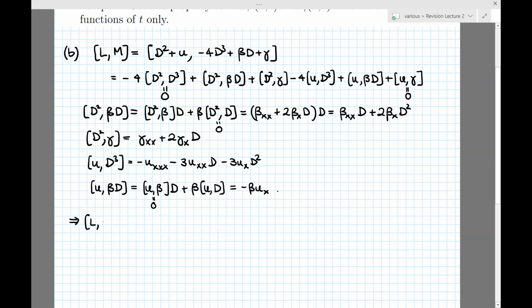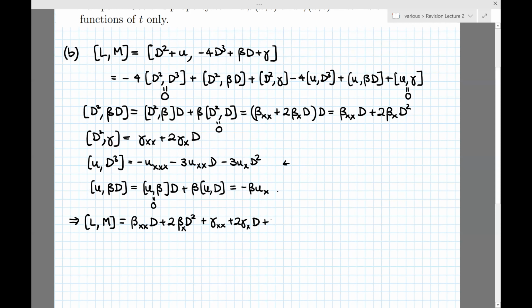Now let's put all these commutators together. So now the commutator of L with M is equal to beta xx d plus 2 beta x d squared from the first commutator, and then we have gamma xx plus 2 gamma x d from the second commutator, and then we get minus 4 times this expression here in the third line.